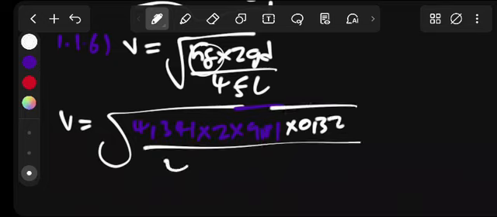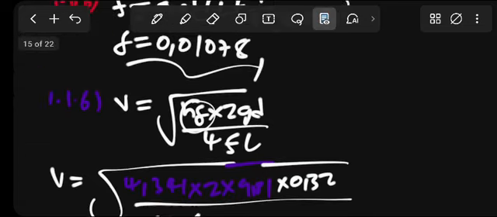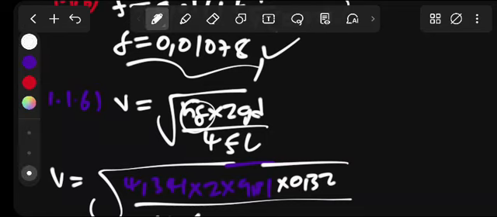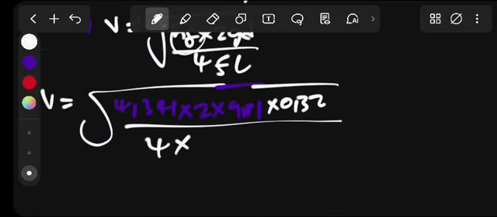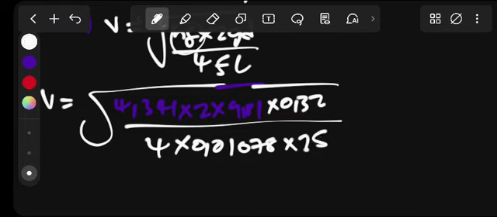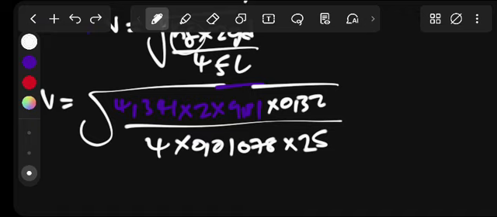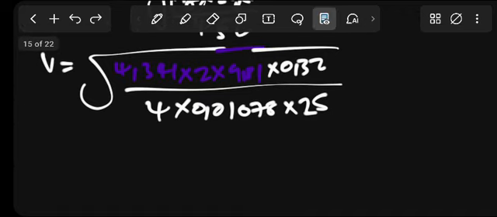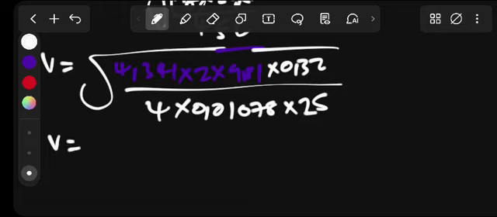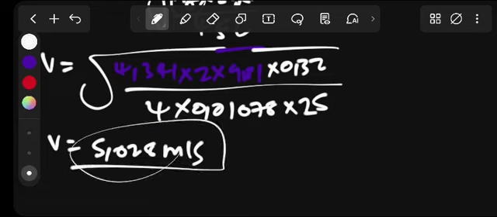Divide this by 4 multiplied by the friction, which is here, 0.01078 multiplied by the length. Obviously it was 25. So punching all of these, we're supposed to get the velocity to be 5.028 meters per second. So this is what we have, guys.